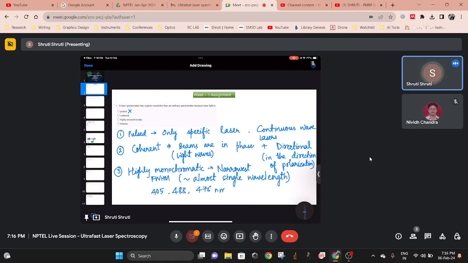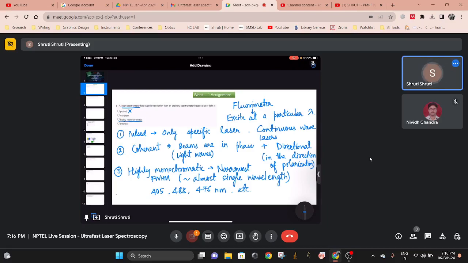The lasers are named after the wavelength which they emit. So this is a good property regarding the spectrometer, the fluorimeter, so that if you use a laser, you can directly excite at a particular wavelength. So this can be a reason.